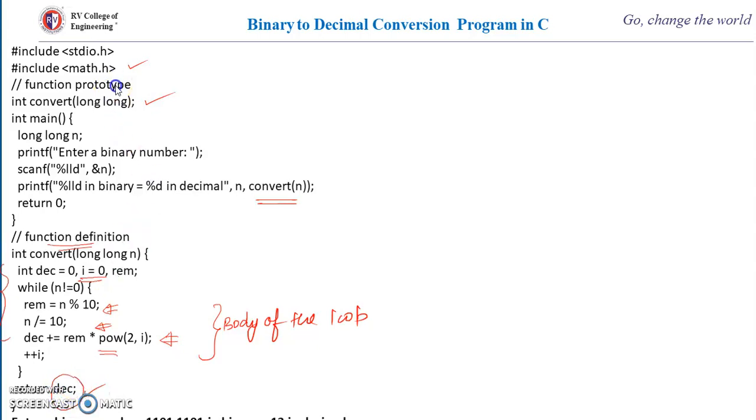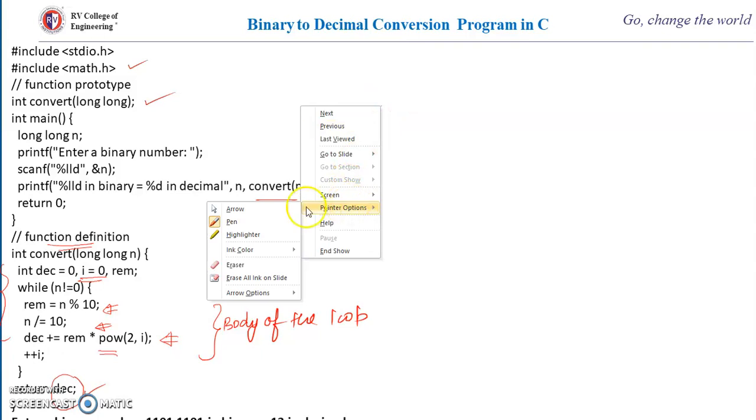When we execute this code, the execution starts from the main function. We have taken the data type of n as long, so the format specifier will be percent lld. We have written a scanf function, so the value will be taken from the user.